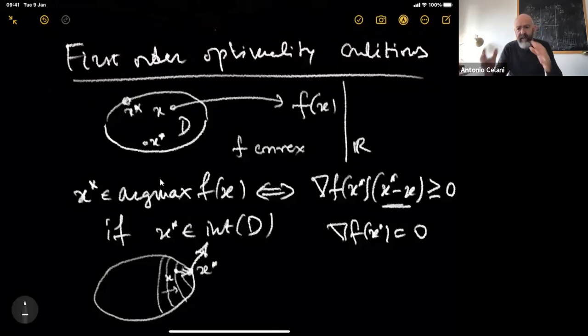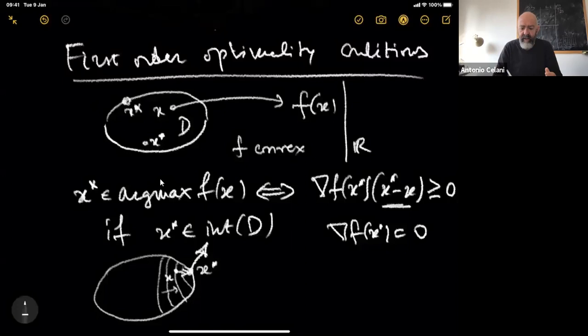The fact that the domain is convex makes this condition equivalent to saying that if x star is on the boundary, then this object must be strictly positive, or 0 if it's degenerate, but cannot be negative. You can prove by contradiction that if you assume that this thing is negative, then x star cannot be a maximum point.